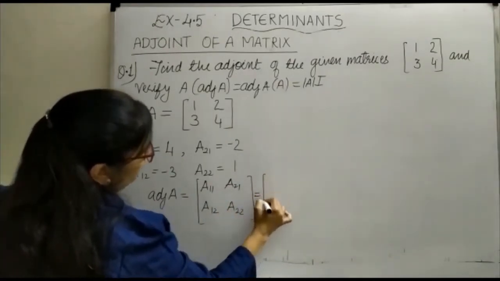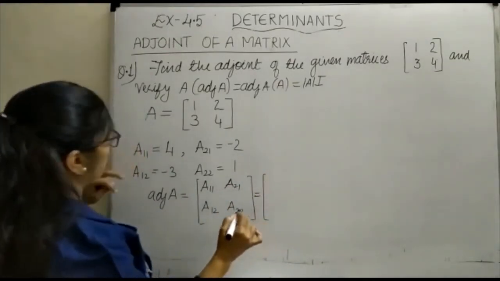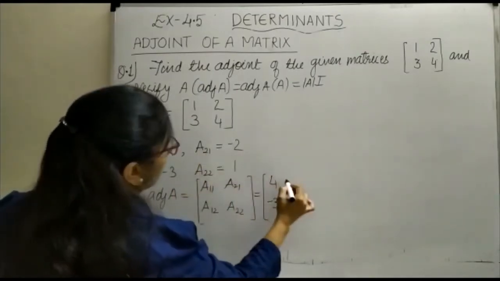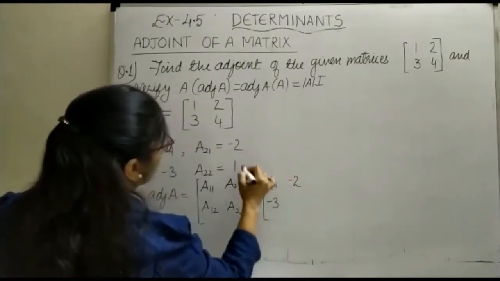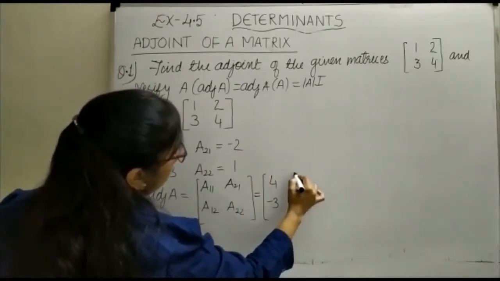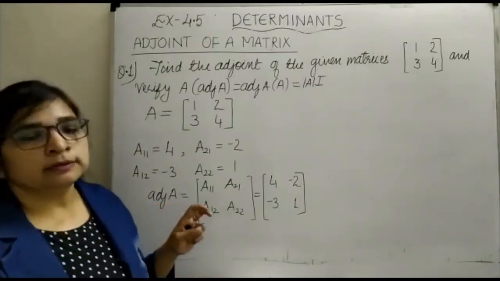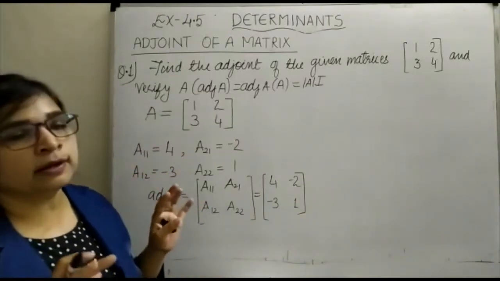So your adjoint A is equal to 4, -3, -2 and 1. So this is how you can find out the adjoint of any given matrix.